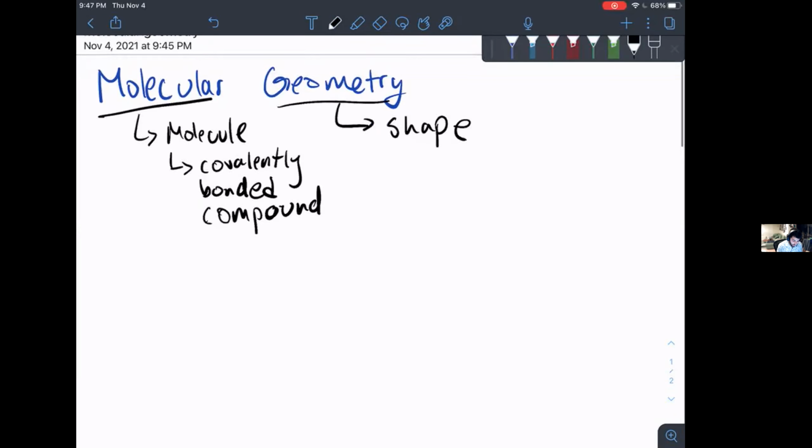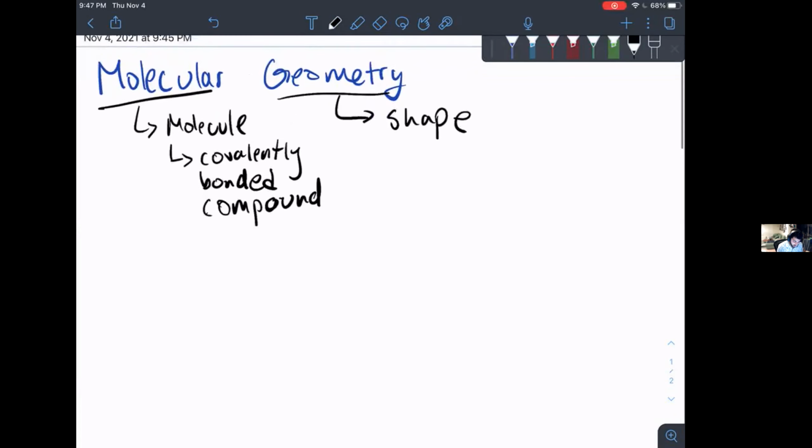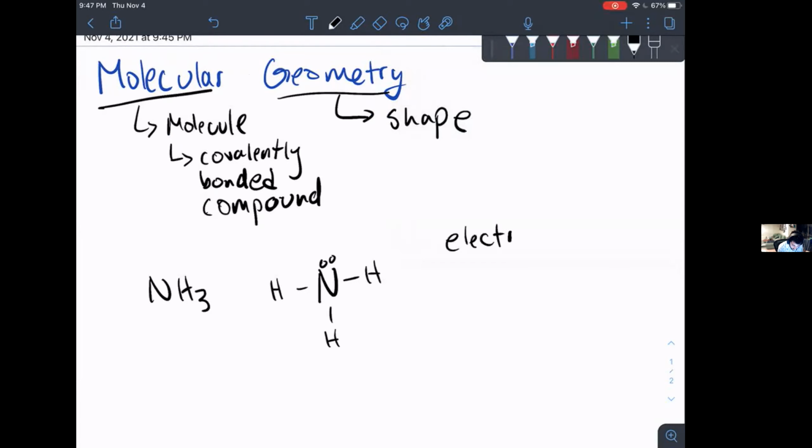And to do that, what I want to first do is just look at a general Lewis dot diagram. The one I'm going to look at is starting with ammonia, NH3. A couple terms we need to remember are electron sets, which are going to be any bond or lone pair.